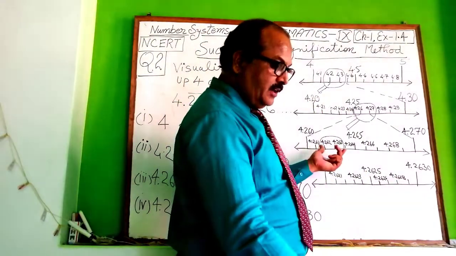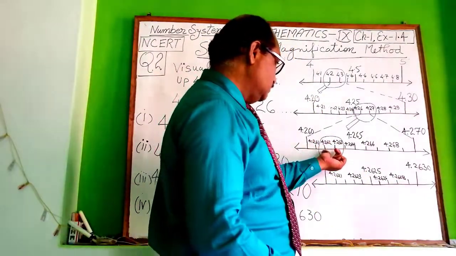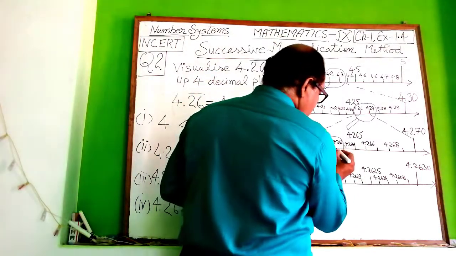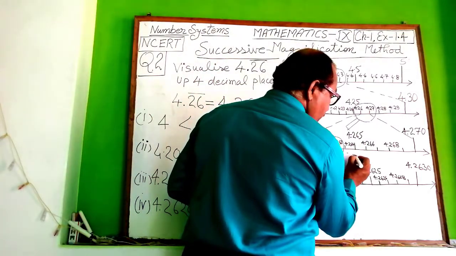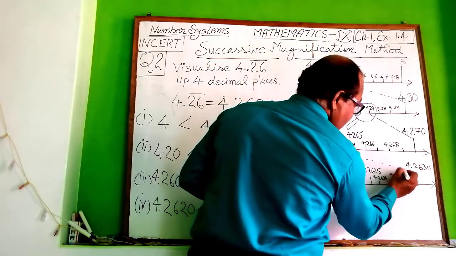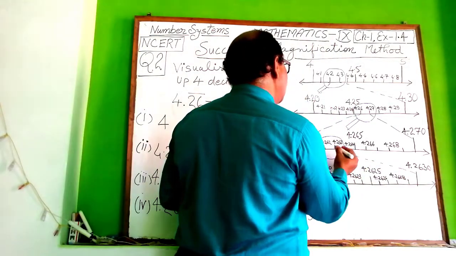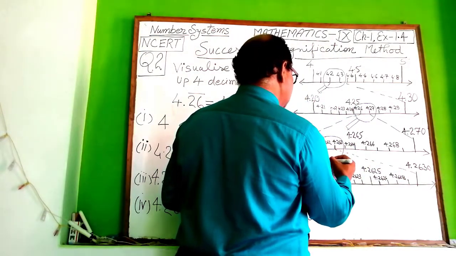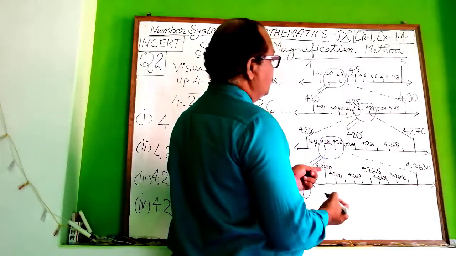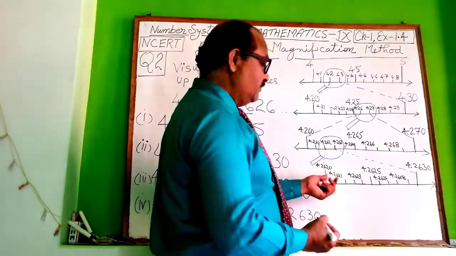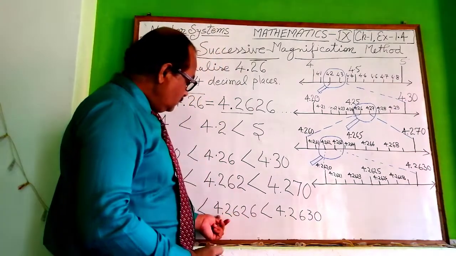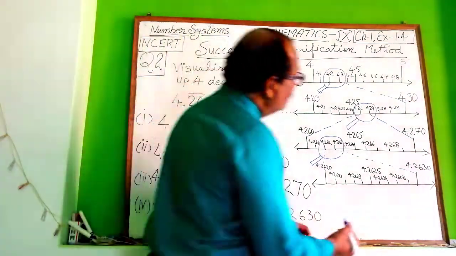So after magnifying, between these 2 points, you can see this place here. Now I will find what we needed, 4.2626.